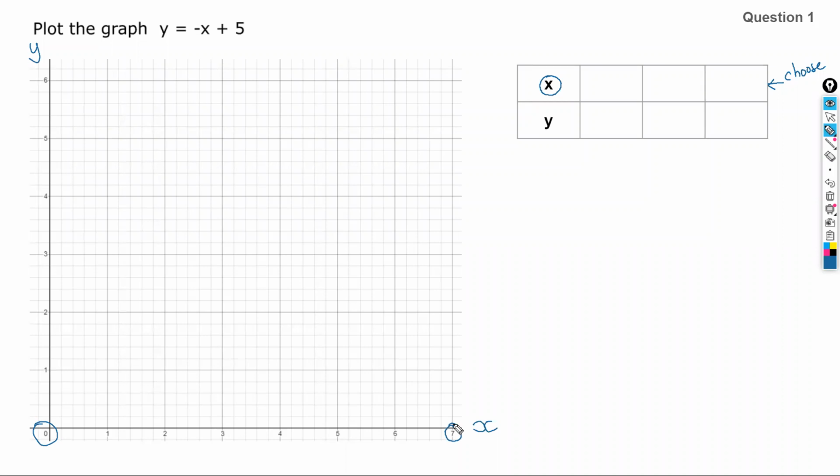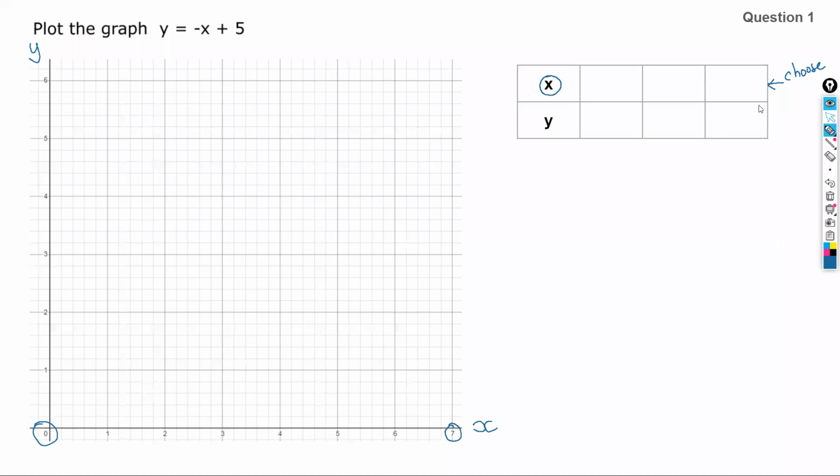So if your X-axis goes from 0 to 7, don't you think you should choose values between 0 and 7? Because if you choose anything smaller than 0 or larger than 7, it's not going to fit on your graph, right? So you've got to be smart.